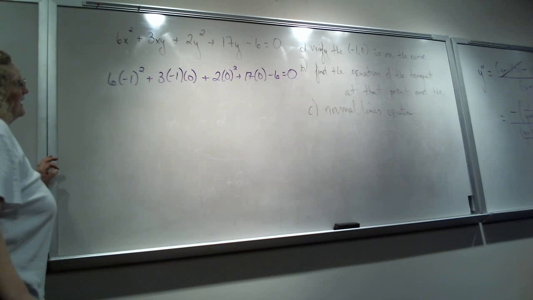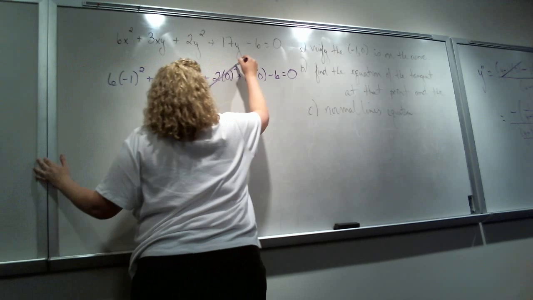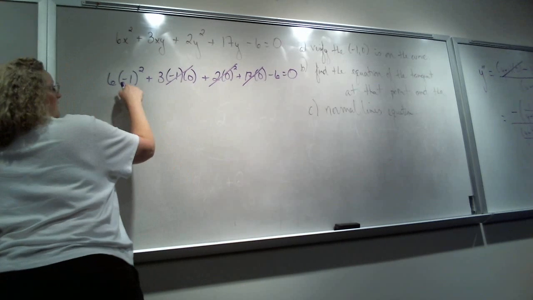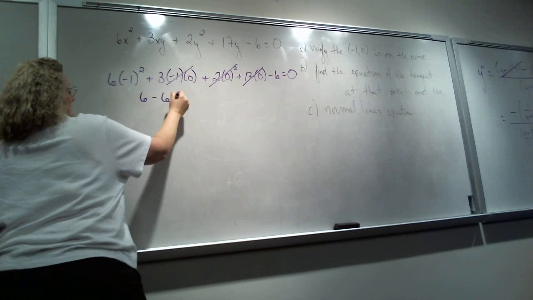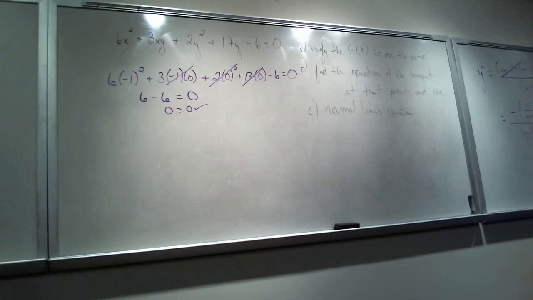What happens to every term that had a y in it? It's gone. Leaving me with 6 minus 6 is, you bet, 0 equals 0. So -1, 0 is actually a point on that curve.